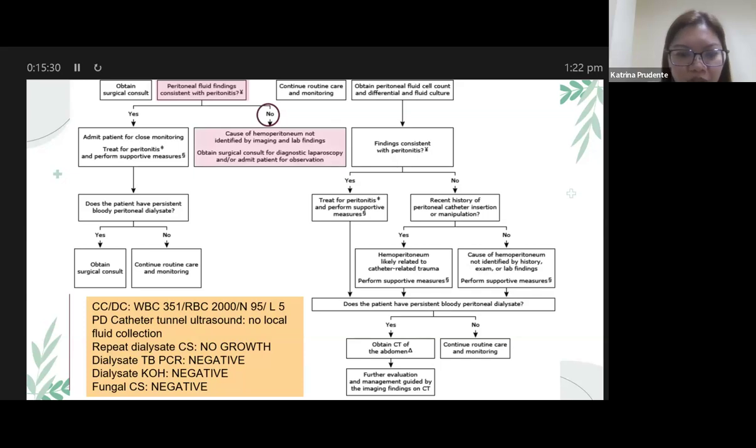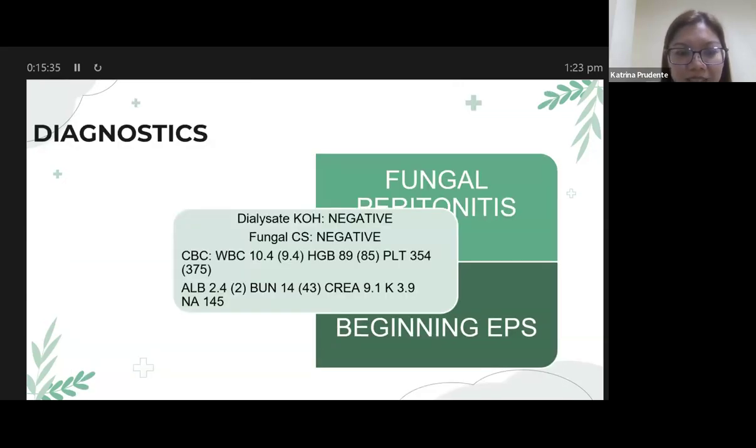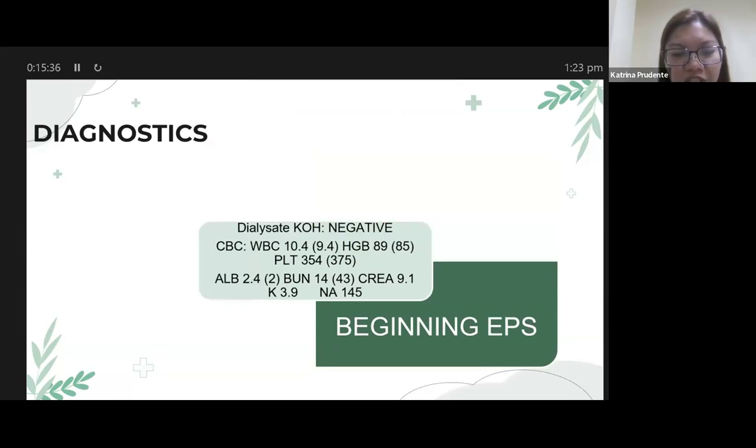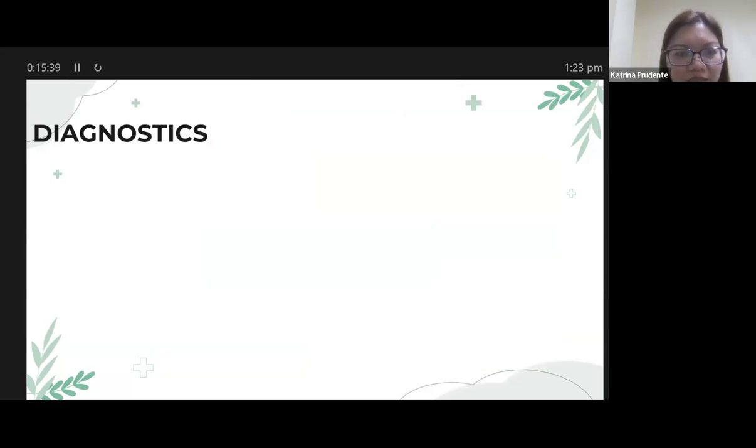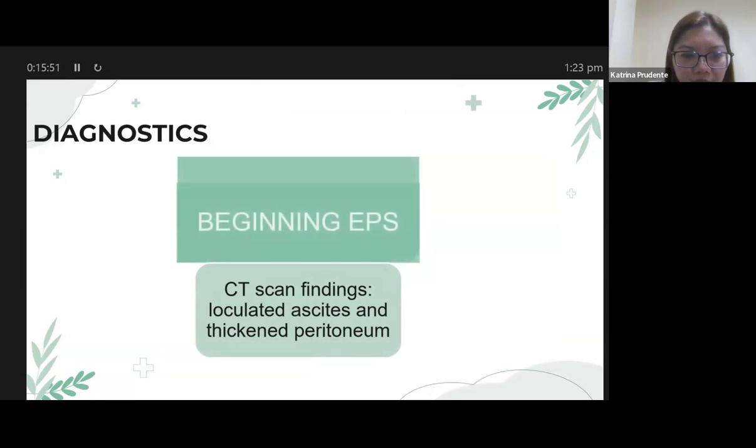Thus, we were highly considering at this time beginning EPS as our consideration for the case. As mentioned, the CT scan showed loculated ascites and a thickened peritoneum at 0.3 cm, which is consistent with beginning EPS.